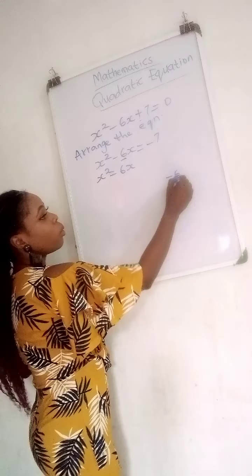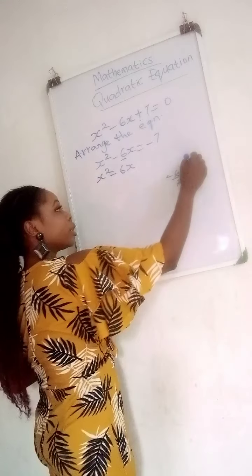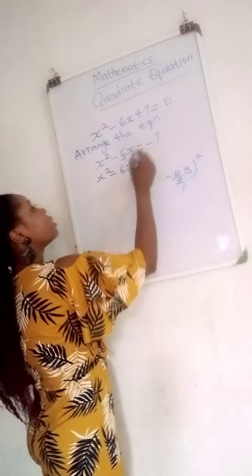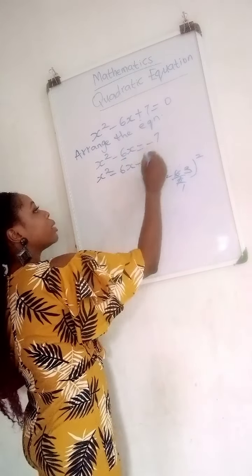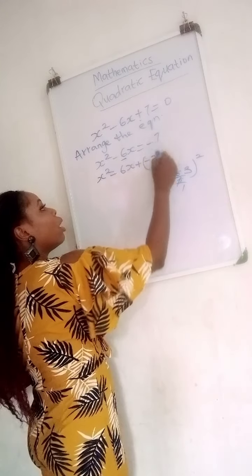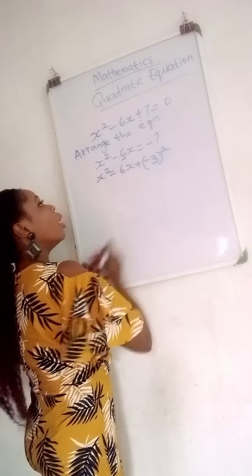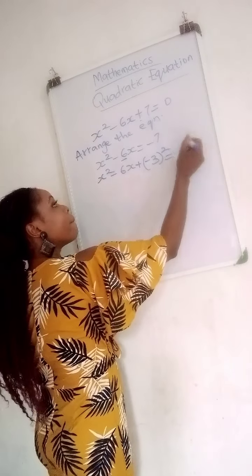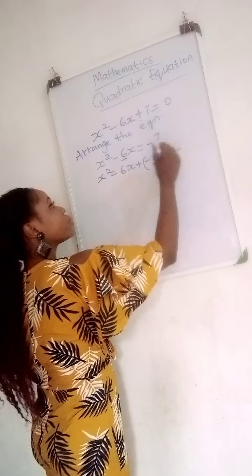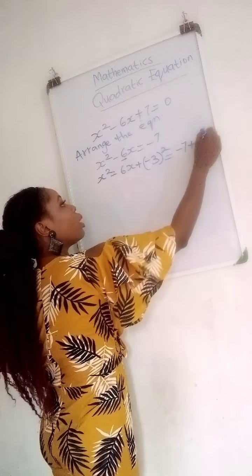When you get half of this, it will be minus 3. Then remember, we are going to square it, so it will be plus (minus 3) all squared, is equal to minus 7 plus (minus 3) all squared.